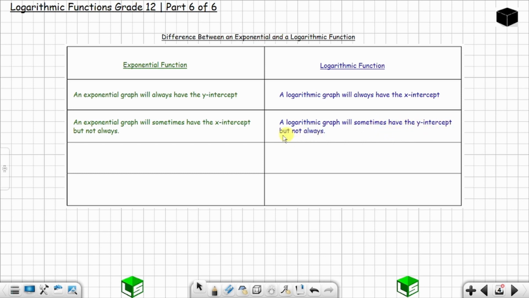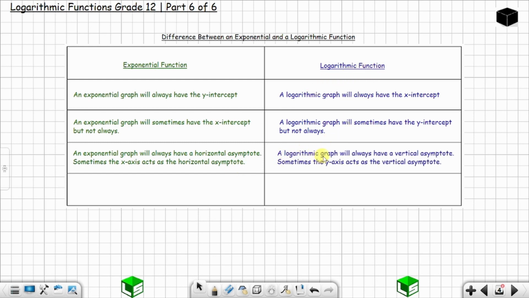Let's carry on. An exponential graph will always have a horizontal asymptote. Sometimes the x-axis acts as the horizontal asymptote. When it comes to a logarithmic function, a logarithmic graph will always have a vertical asymptote. Sometimes the y-axis acts as the vertical asymptote.